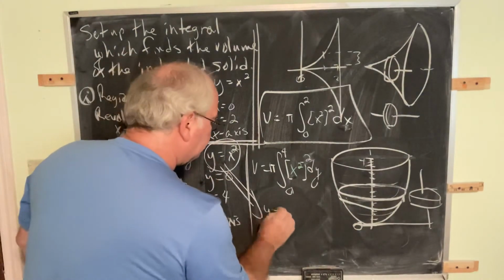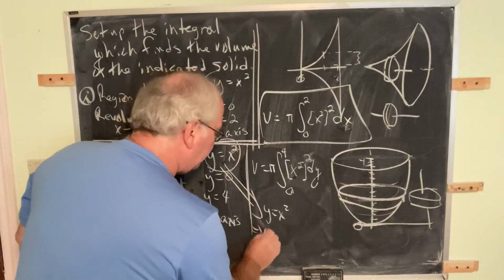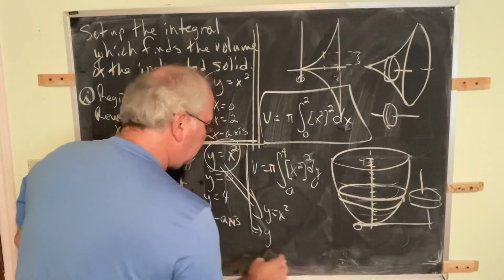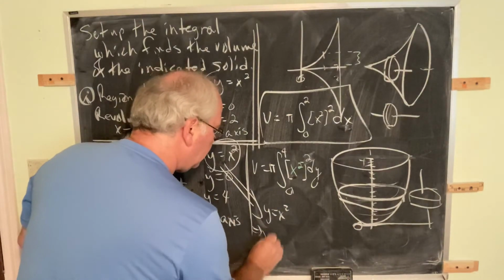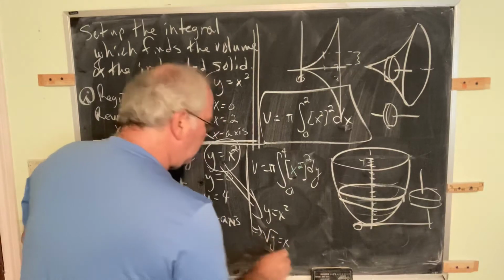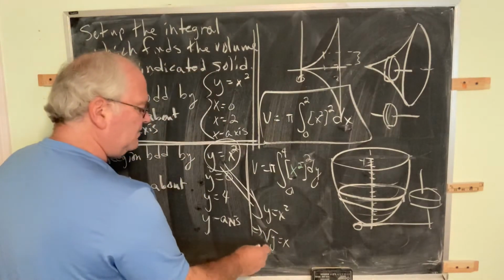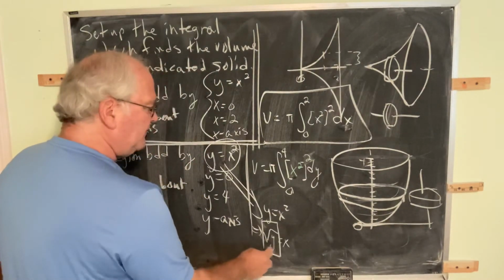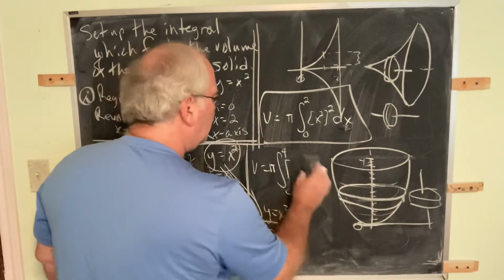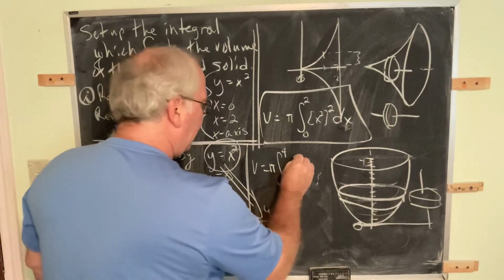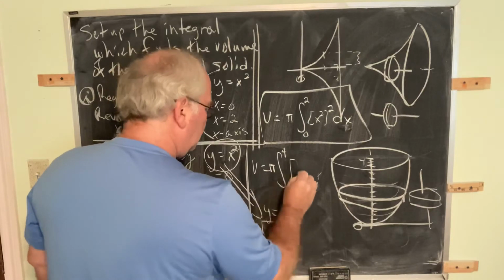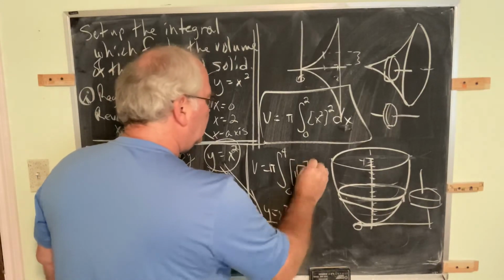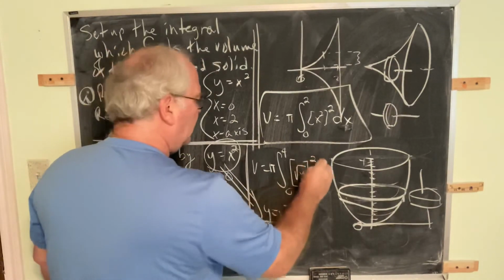If we have y equals x squared, that implies the square root of y is the function. And so we may write this as the square root of y, that's now the function squared.